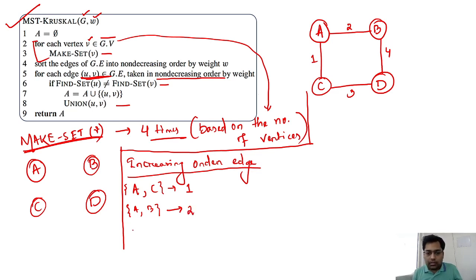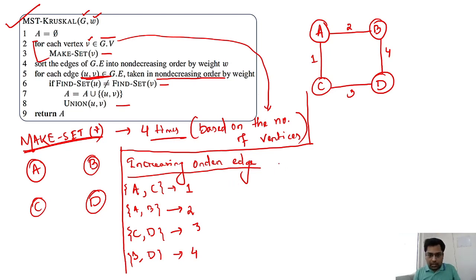A to B is this one. Next, sorry, we have to go for increasing order, so it could be C to D, which is 3, and B to D, which is considered as 4 now. This is what we get.